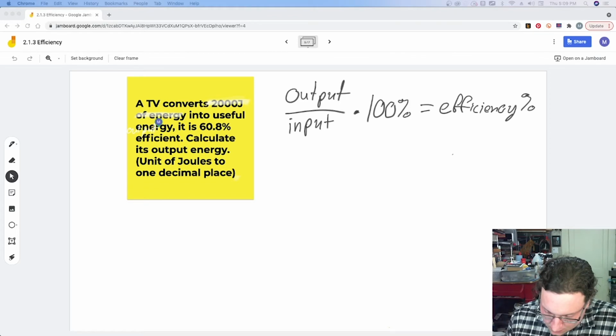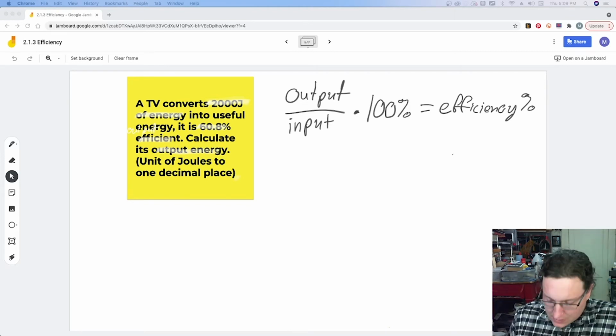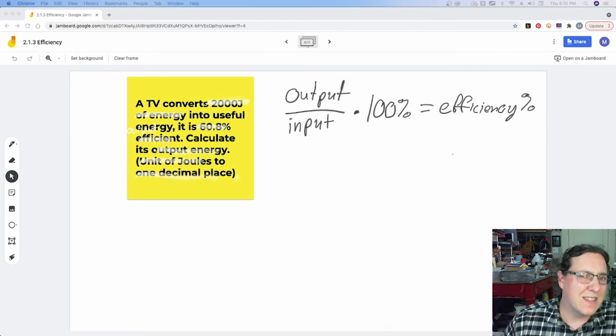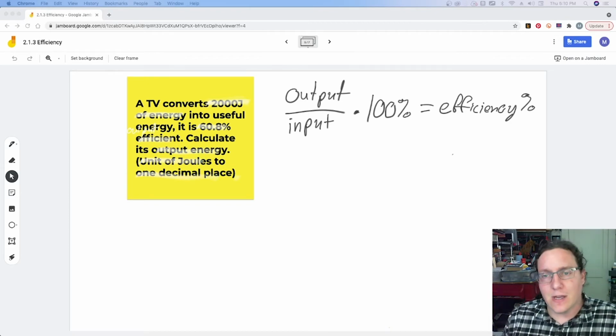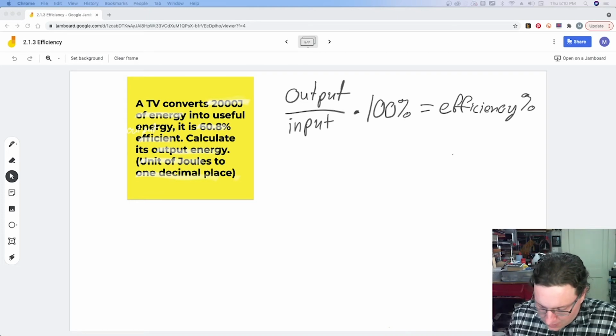Okay. We also can see that we have a 60.8% efficiency and that we have to calculate the output. Okay. And in doing the calculations, it's telling us that our unit needs to be in joules to 1 decimal place. So those are things to kind of keep in mind as you get to the final answer.